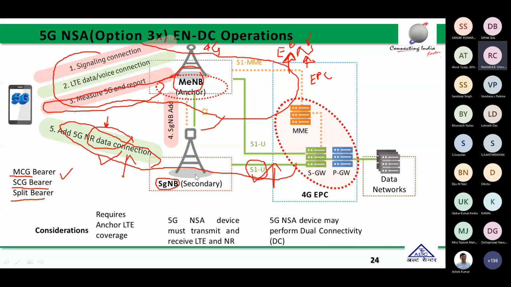And that too will be limited by the capability of the 4G core, the core network, EPC. The core is actually very much capable of providing the data. Actually, the main bottleneck is at the radio interface side. Okay, sir.